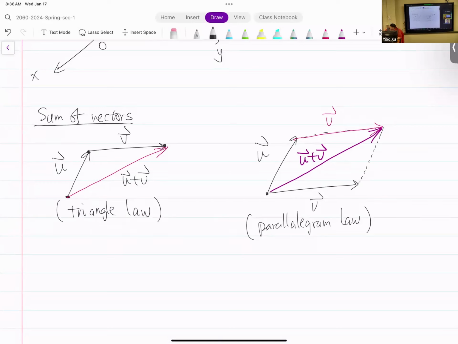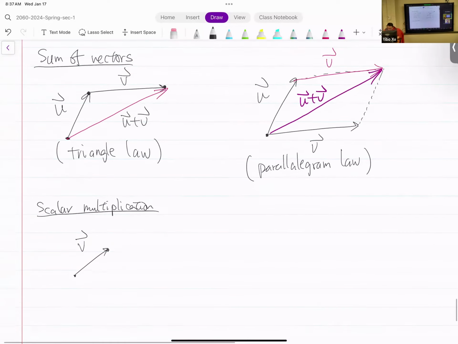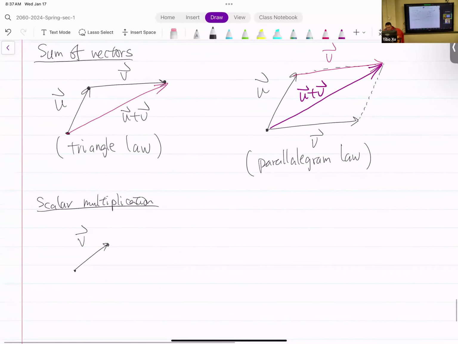Okay, now, multiplication by a scalar. So if we have a vector V right here, what happens if we multiply a 2 in the front? This is really similar to the real numbers.